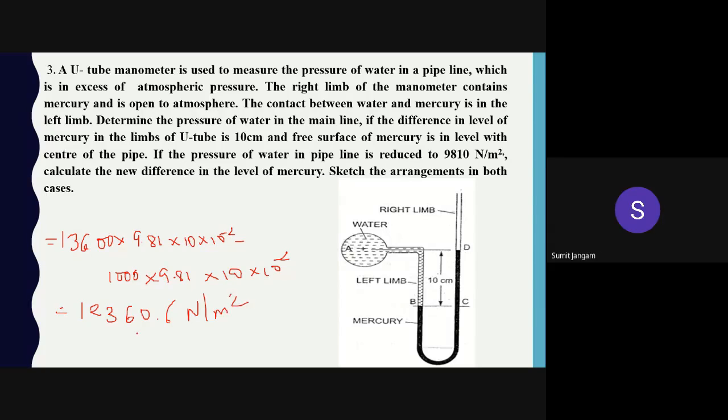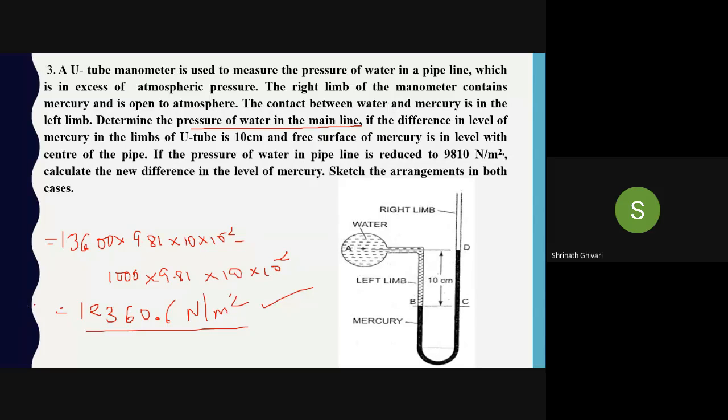This is my answer. How many of you got this? Correct? Yes, sir. So 12360.6 Newton per meter square. This is the answer for the pressure of water in the main line.